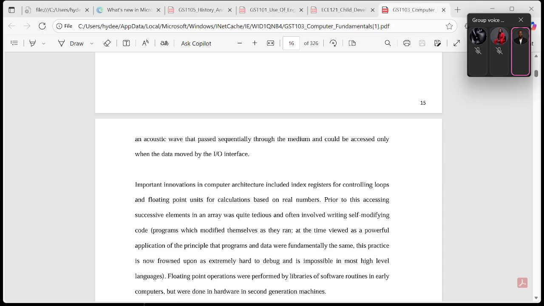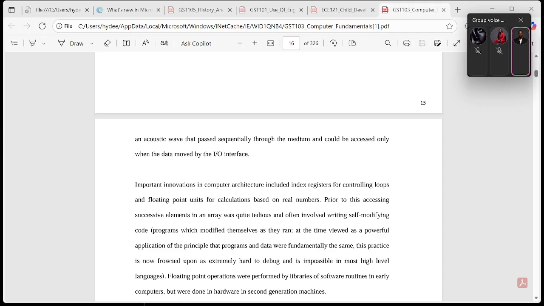So there were two things in the architecture of the second generation. Index registers for controlling loops. Loops are like normal play and pause operations. And floating point units, FPU, to handle real number calculations in hardware, not just software.